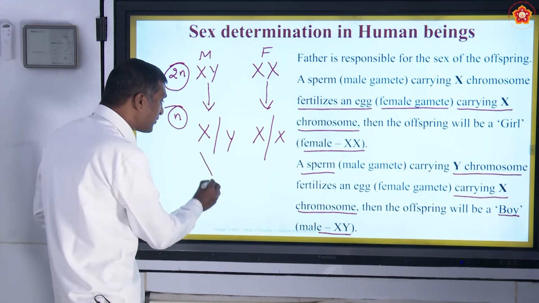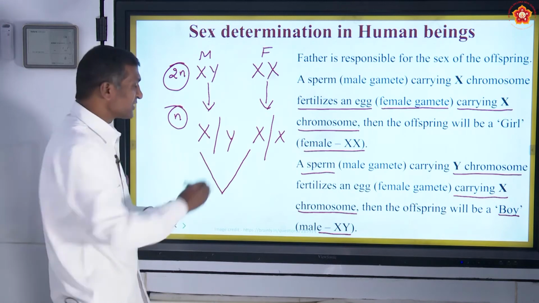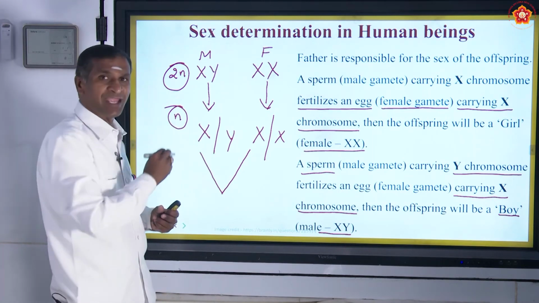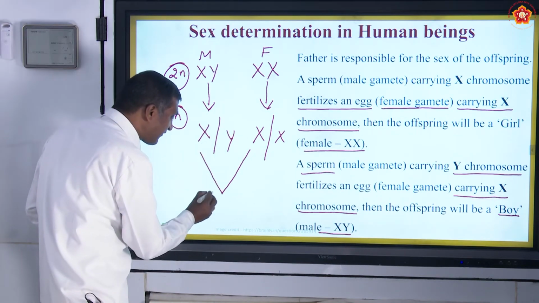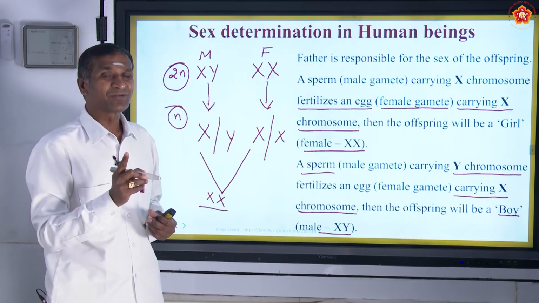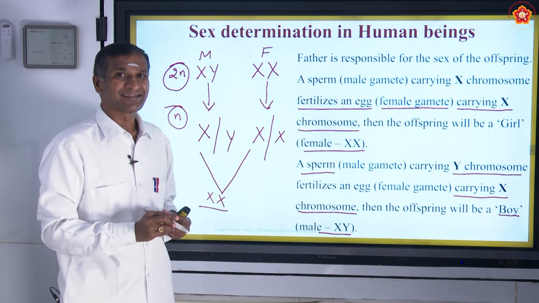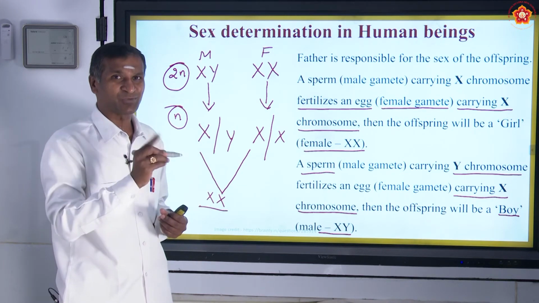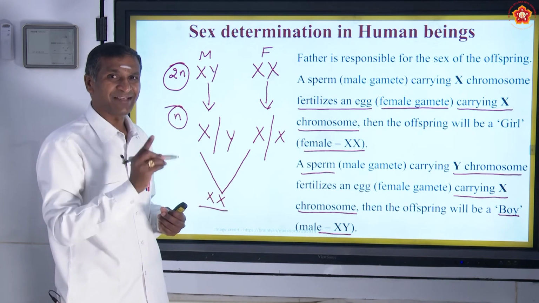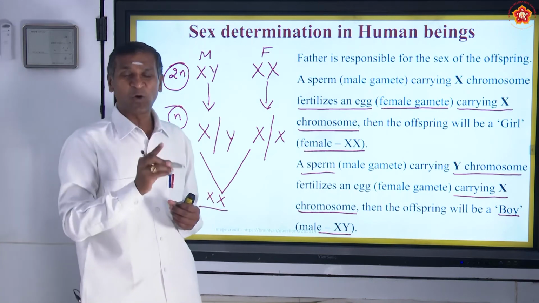Then they fuse, cross fertilization. If X of the male combines with X of the female, then you get XX. XX, homogametic.